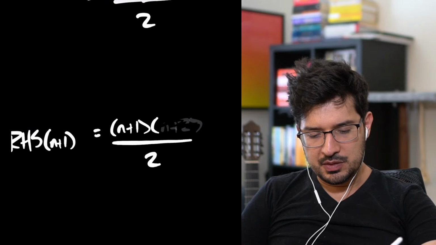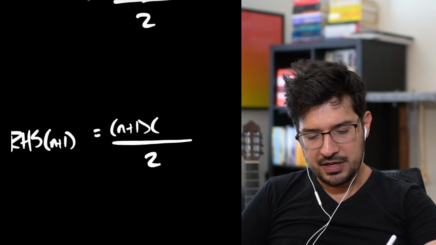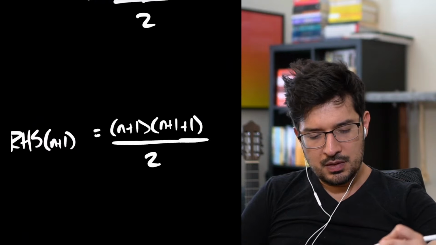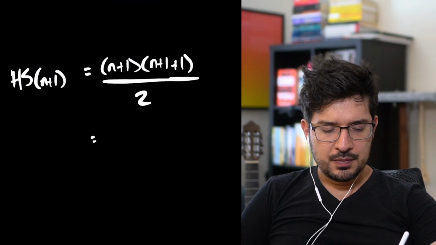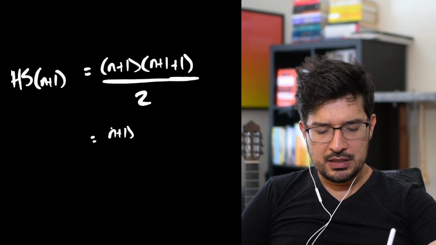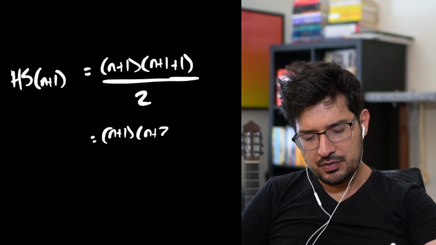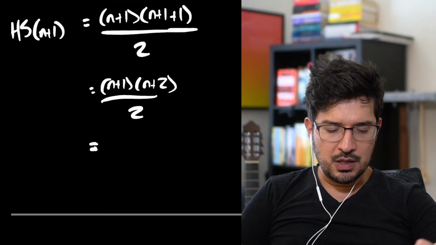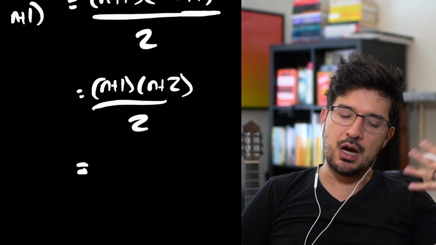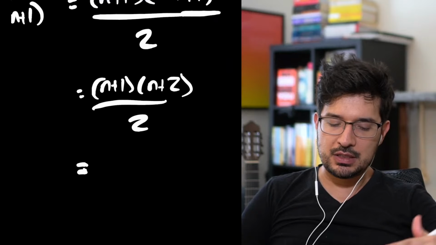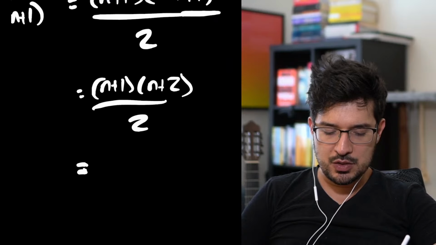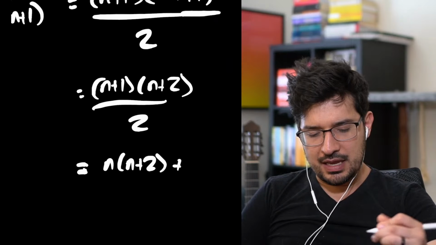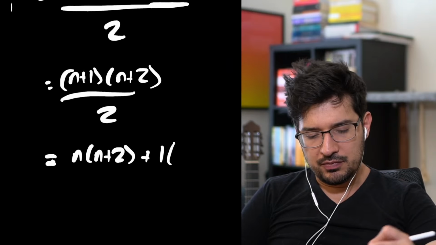Really, technically, I'm going to write it just to be very explicit, like this. And that's n plus 1 times n plus 2 divided by 2. And now we don't require you to know how to factor the polynomial. We can just do this by distributivity the way that we have so far.